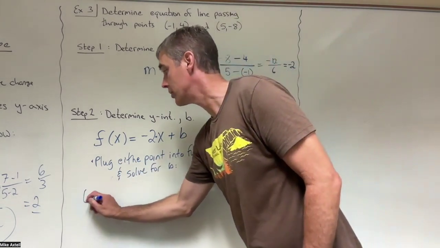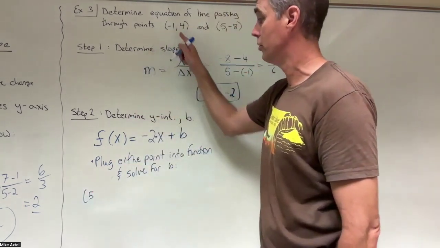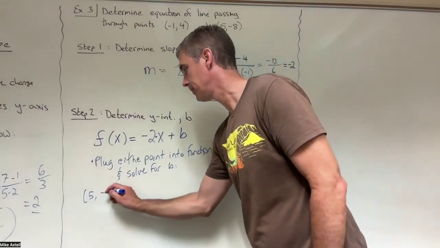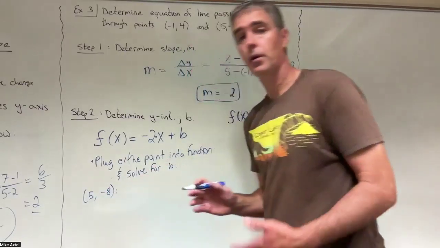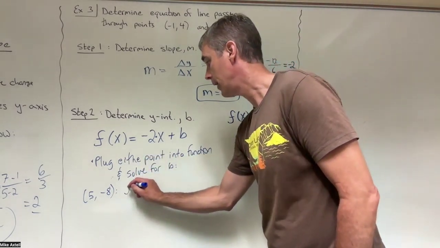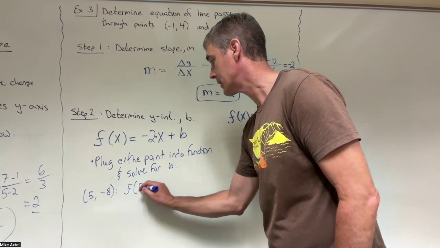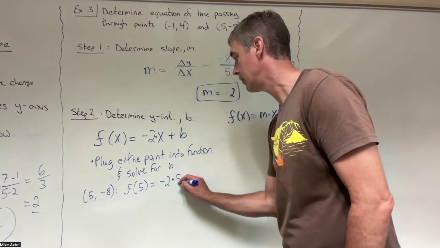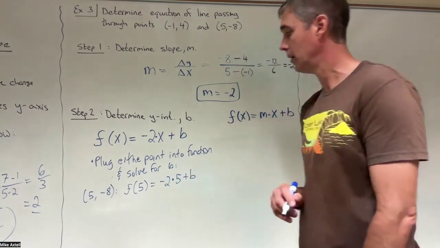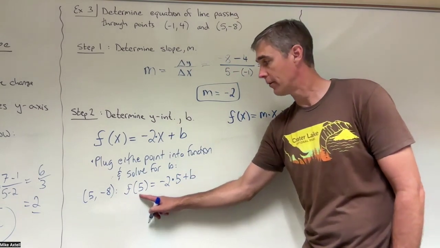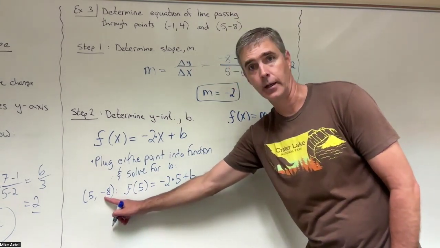So let me just grab, I don't know, 5, -8. You can grab the other one, and if you do it, you'll see you get the same answer. So I'm going to grab 5, -8 and plug 5 into my function. So f of 5, if I plug in x equals 5, is -2 times 5 plus b. I know the output: f of 5 is equal to -8.